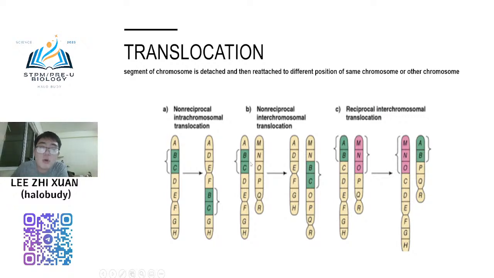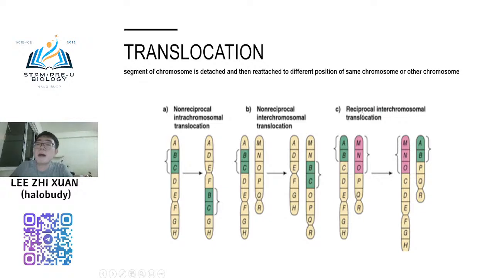Inter means it will change to another type of chromosome. So this BC is detached and then reattached to another chromosome, after N. So BC moves from the left chromosome and is inserted into the right-hand side chromosome. Okay, and this one is non-reciprocal.